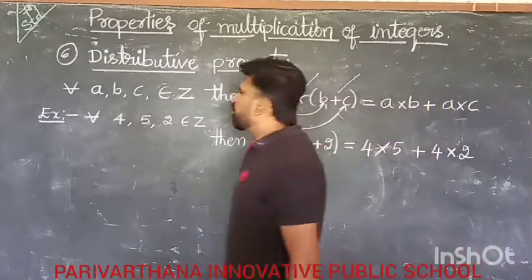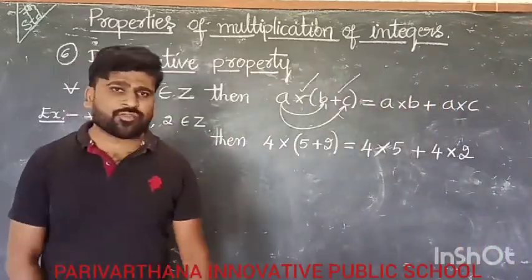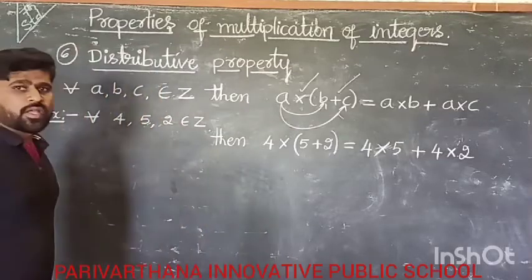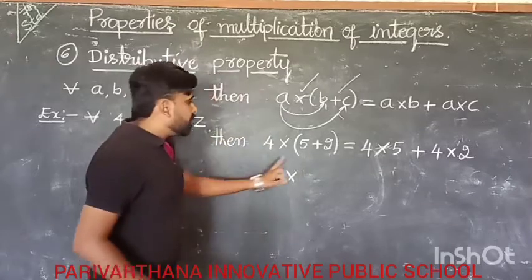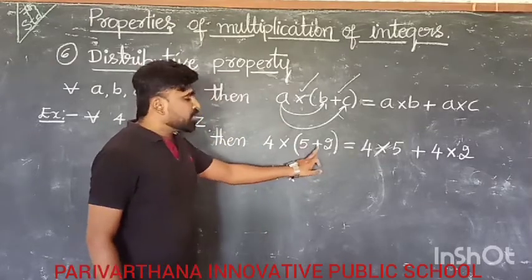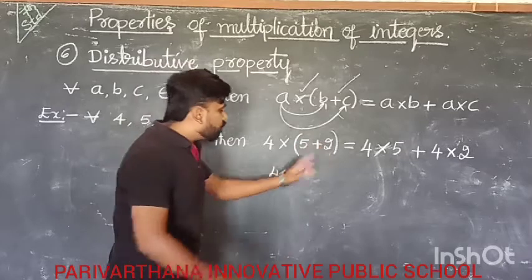Just apply the values. Next, 4 into, open the bracket, plus means addition, 5 plus 2, it is 7.